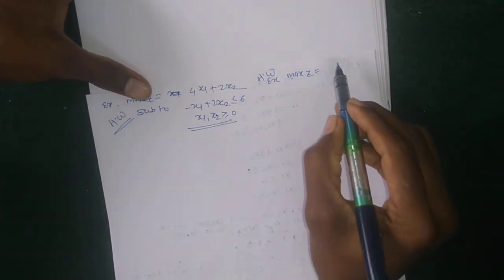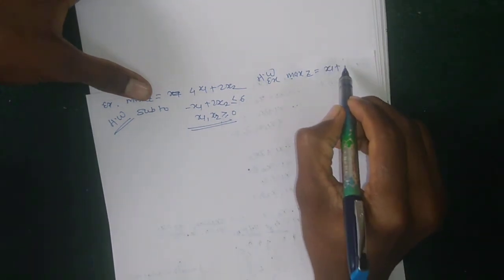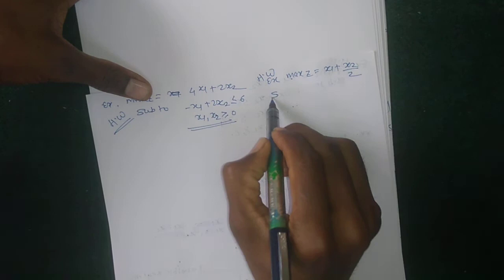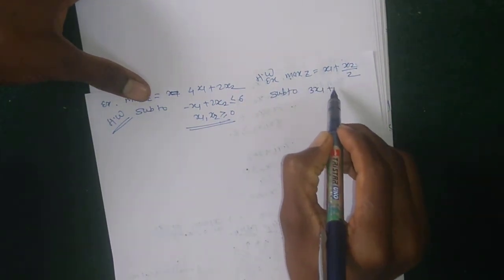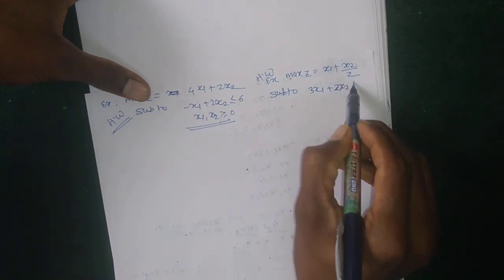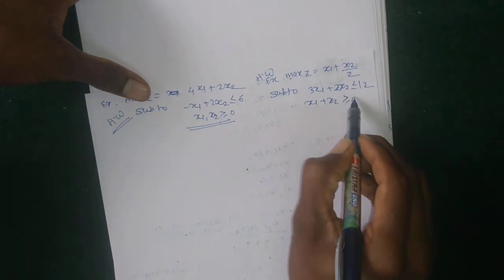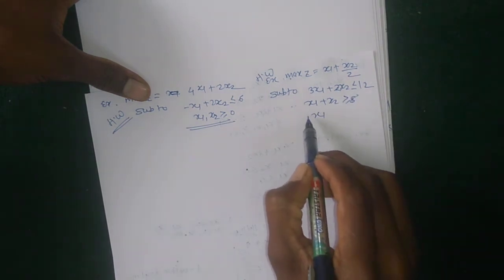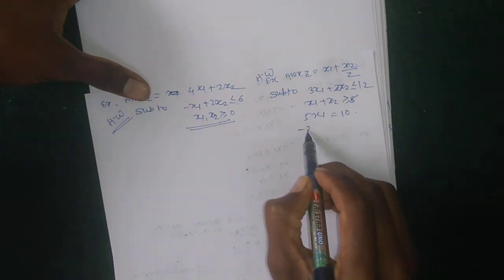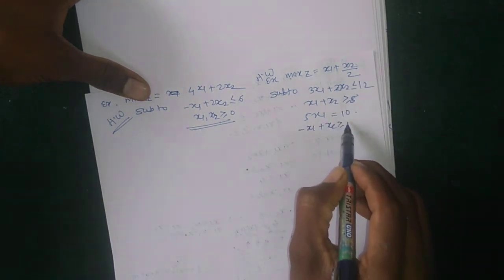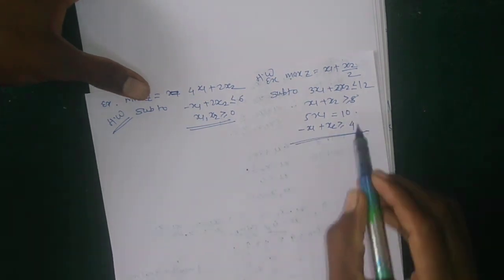Maximize z = x1 plus x2 by 2 subject to 3x1 plus 2x2 is less than or equal to 12, x1 plus x2 is greater than or equal to 8, and 5x1 is equal to 10, and minus x1 plus x2 is greater than or equal to 4. Okay, so solve this, it is one problem.